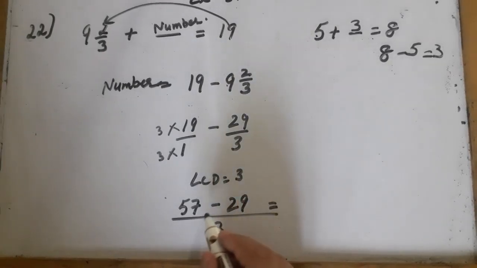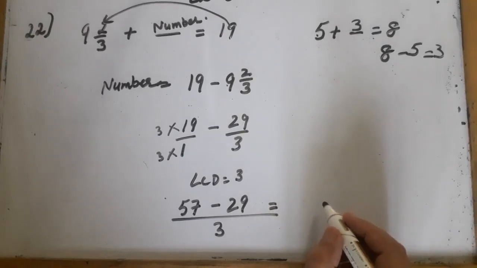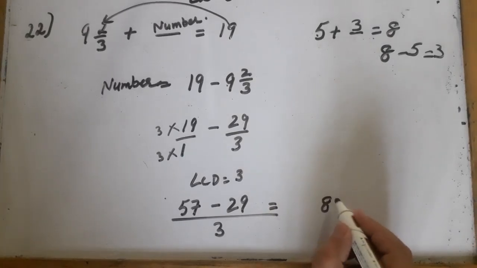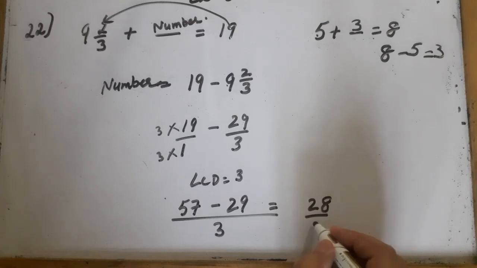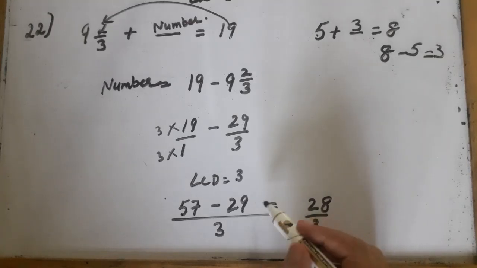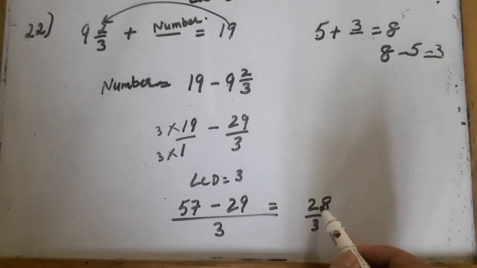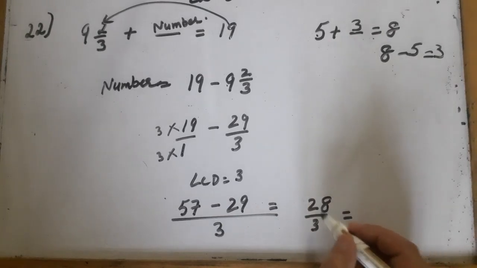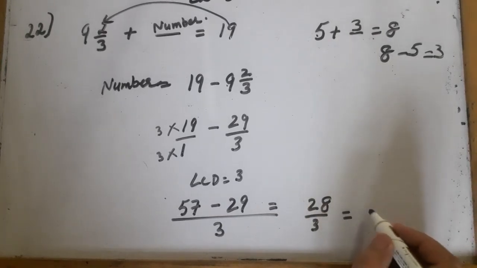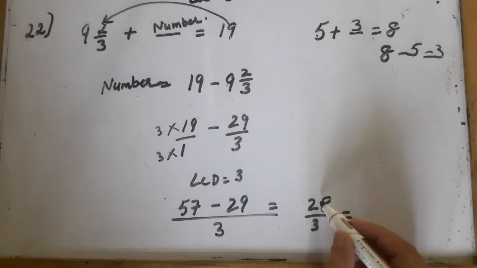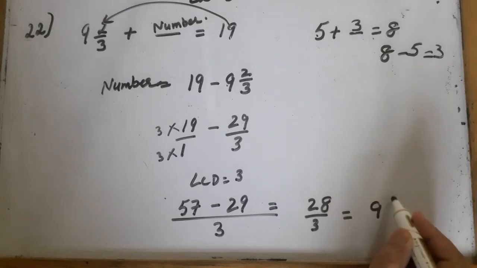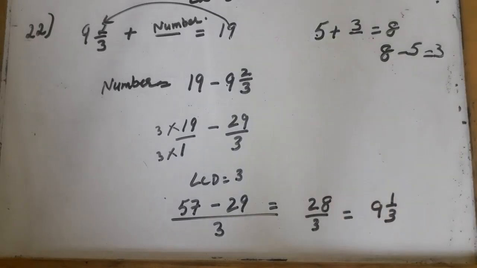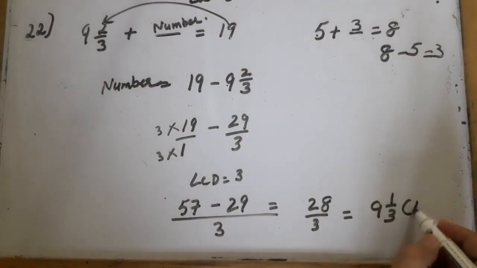So what will you get? 28 upon 3. Now convert this into a mixed fraction. 3 8s are 24, 3 9s are 27, so 9 1/3. So this is your answer.